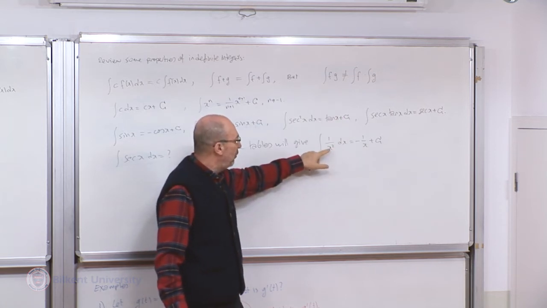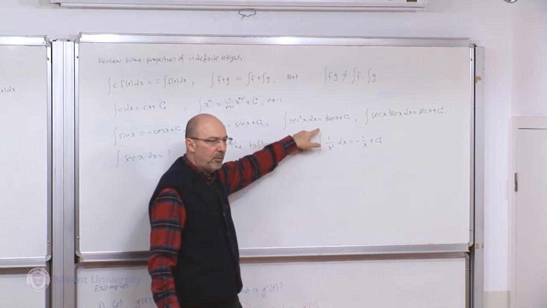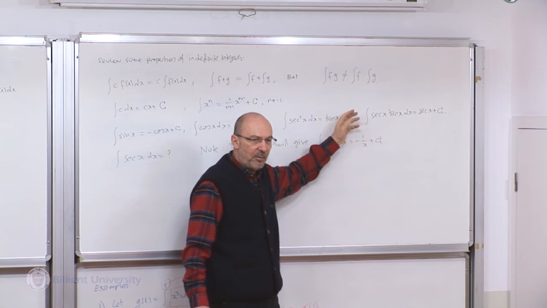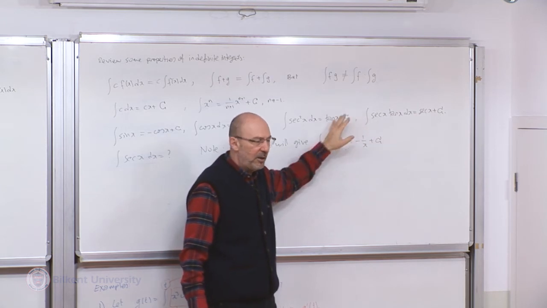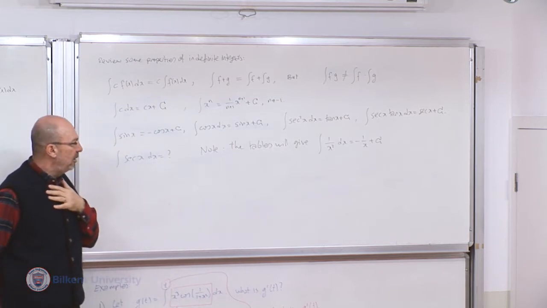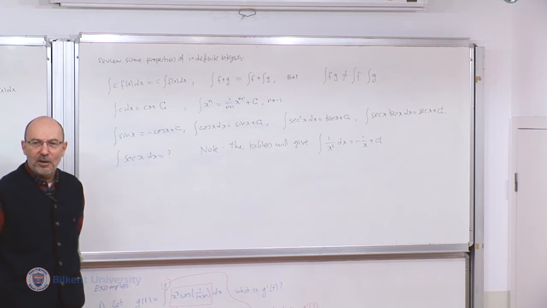Okay, so if your integral, as I mentioned last hour, is from minus 1 to plus 1, this is the antiderivative. You don't evaluate this from minus 1 to plus 1. So these tables always mean use at your own risk. That's what the tables always say. If it doesn't make sense, then obviously you will not use it.